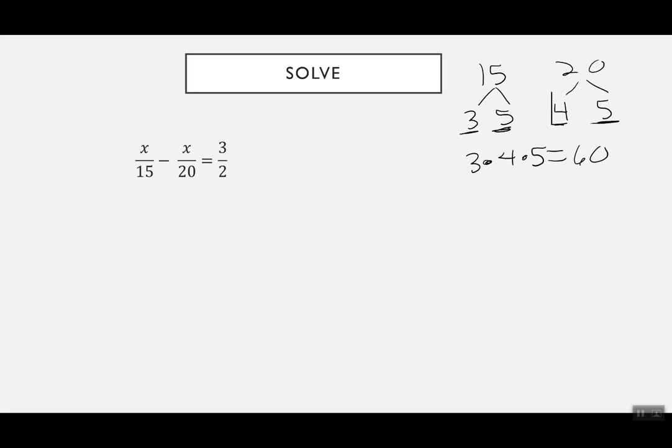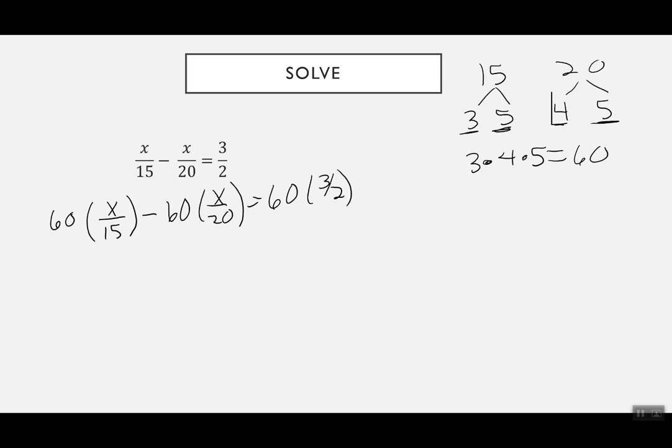That 2 doesn't really add anything new because 2 goes into 20, but multiplying by 60 should take care of the 15, the 20, and the 2. So let's look at 60 times x over 15 minus 60 times x over 20 equals 60 times 3 over 2. You want to make sure that you're multiplying each thing by the 60.